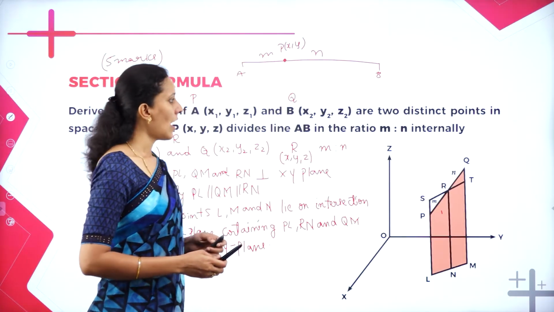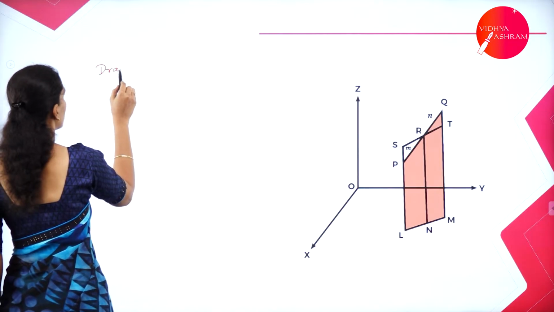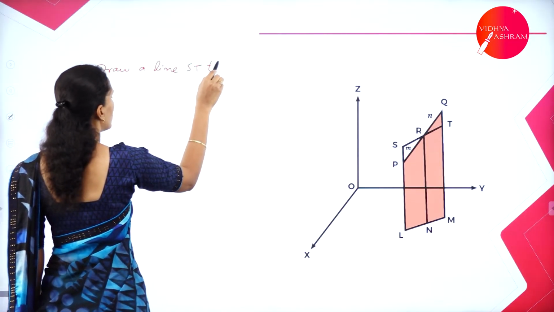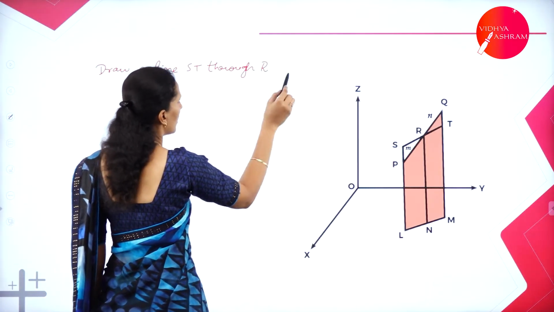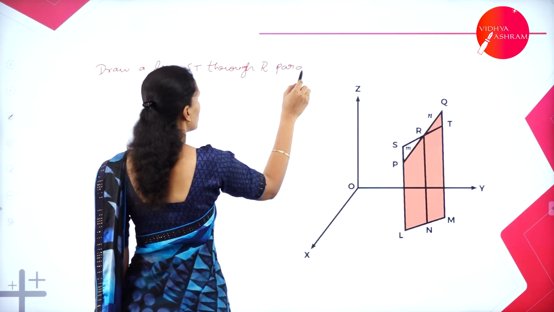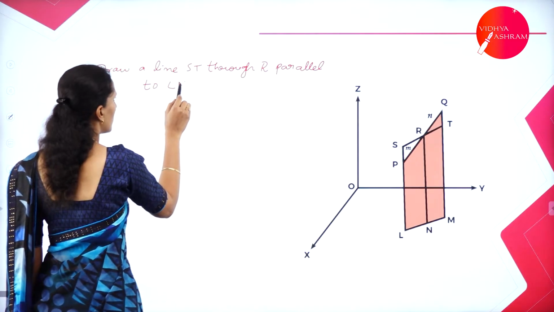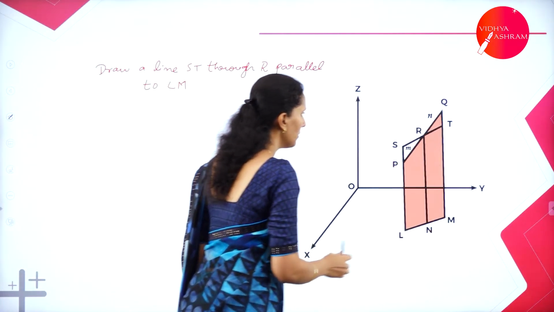So next, after this, draw a line ST through R parallel to LM. So I am writing this line ST parallel to LM.